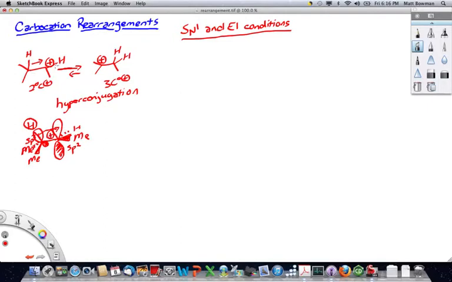this over to there. When that happens, this carbocation, this carbon goes from sp3 to sp2, and this sp2 carbon that was a carbocation goes from sp2 to sp3.